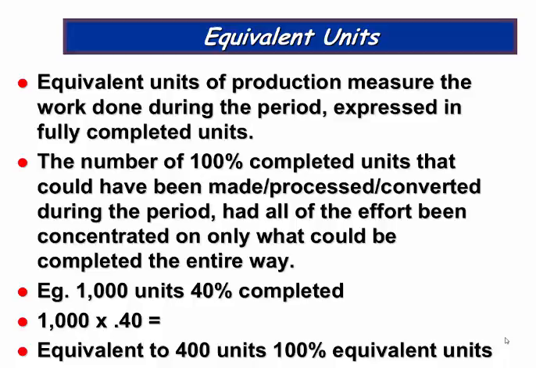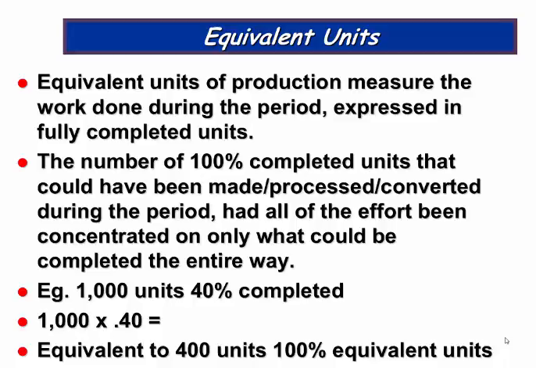In order to calculate equivalent units, we are going to take the quantity and multiply it times the percentage of conversion that it is sitting at in order to know what we would call equivalent units. So we're going to take the quantity of 1,000 and multiply that times 0.4 or 40% to give us 400 equivalent units.